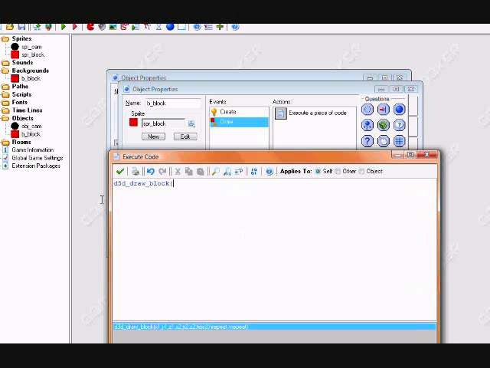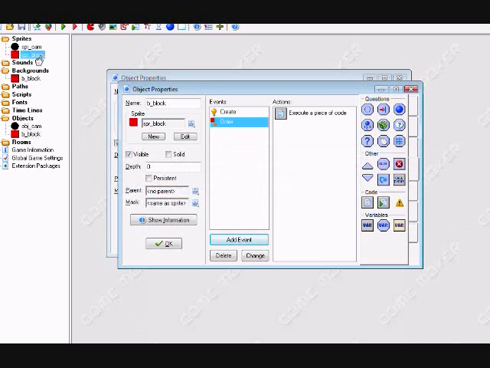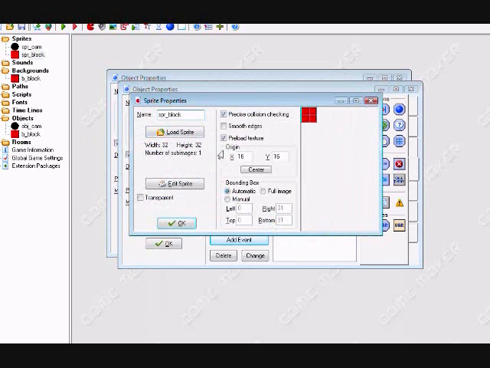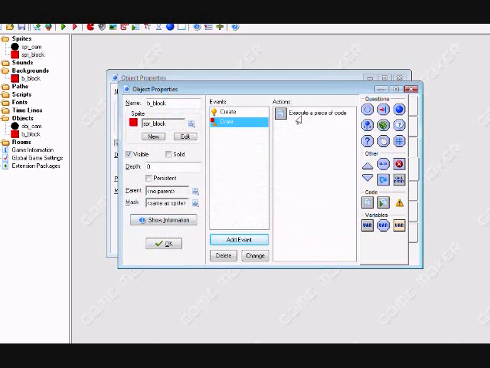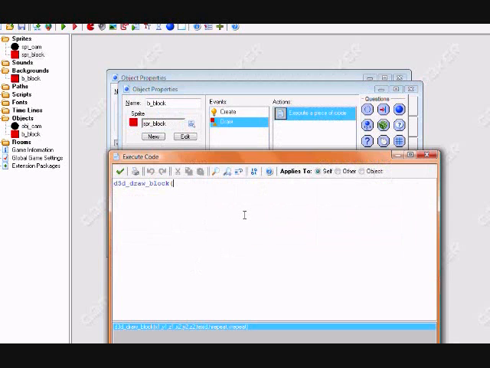Going back to our sprite, it's 32 by 32. The center is at 16. Each side is 16 from the center. So I'm going to do x minus 16, y minus 16, z minus 16 for one vertex, and then do the opposite for the opposite vertex: x plus 16, y plus 16, z plus 16.